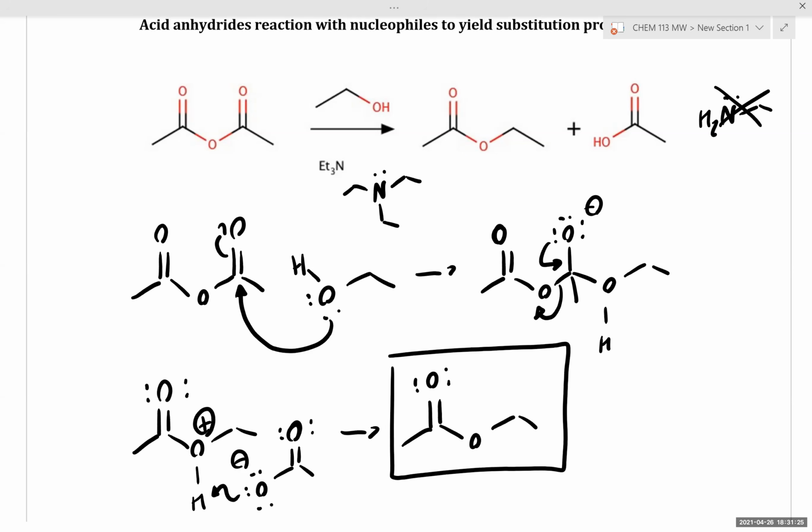If I wanted to prepare this ester from an anhydride, why do I have to use a tertiary amine? And one student's commented in the chat, because ethylamine would react as a nucleophile. Exactly right. So typically we want a non-nucleophilic base just to scrounge away and get rid of any excess acid produced over the course of the reaction.